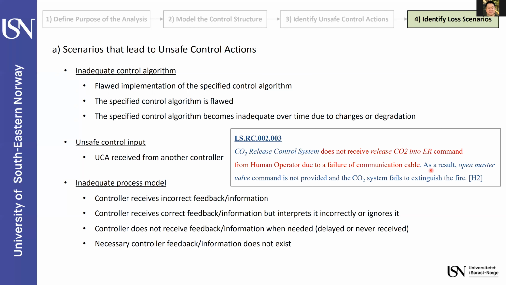So as a result, the system cannot extinguish the fire. So you can make these kinds of loss scenarios using all these other cases. And of course, these are very generic and representative cases, so there can be many additional cases in your own system. So first you need to follow all these representative cases, and after that, you need to try to find additional cases and additional scenarios.